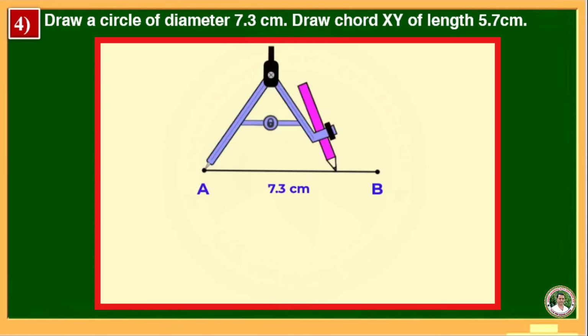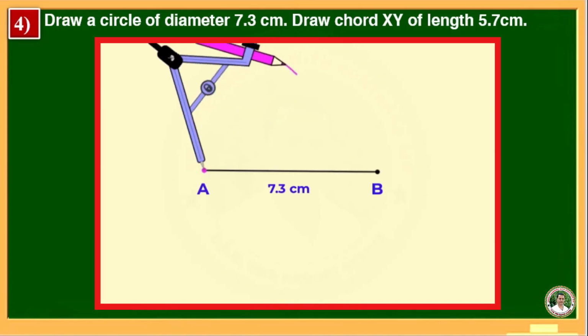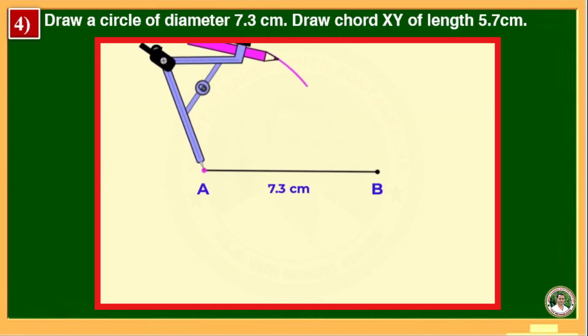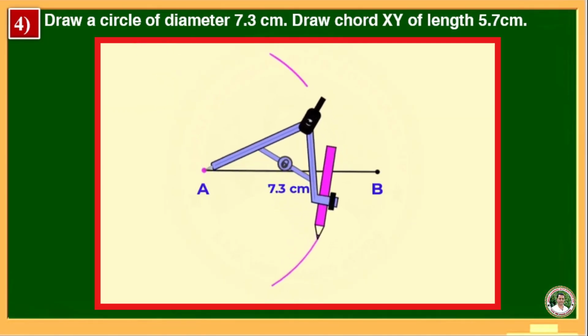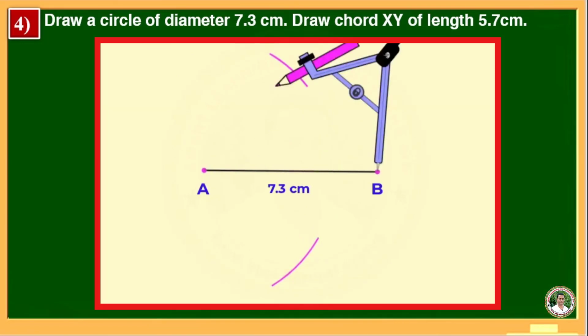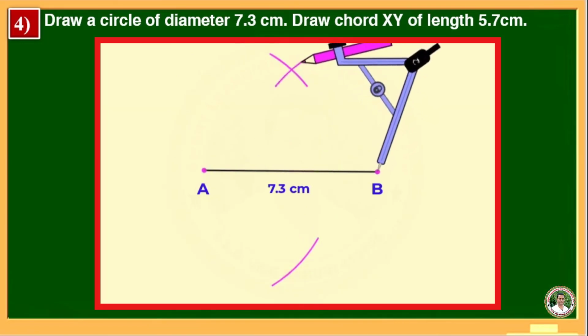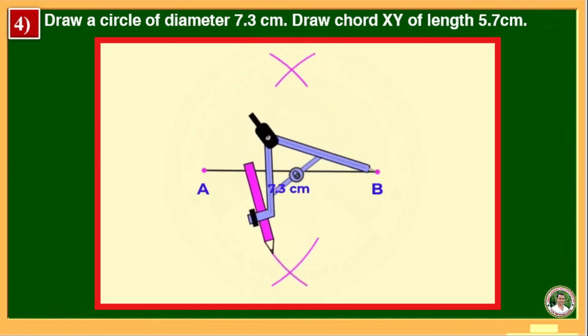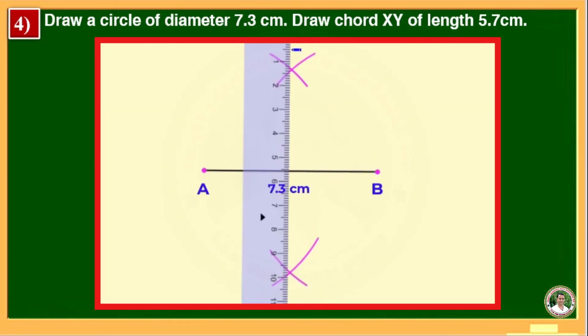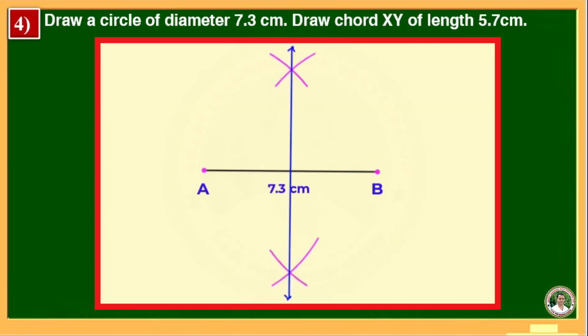For that, take more than half distance and A as a center. Make two arcs on the both sides of segment AB. Keep the same distance, B as a center. Intersect the arcs drawn first and then draw the line passing through the intersection points of the arcs, which is shown in the figure.